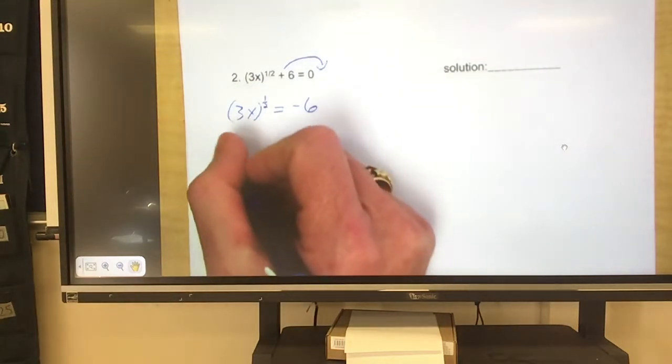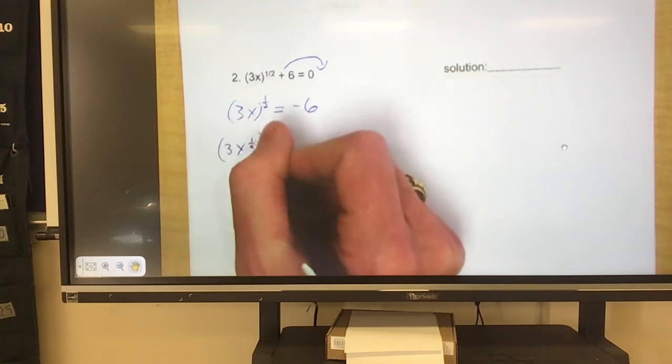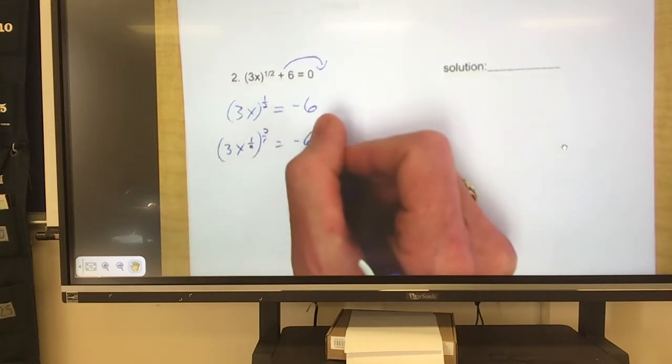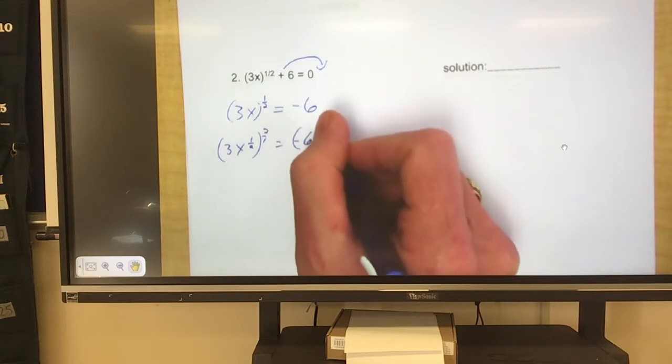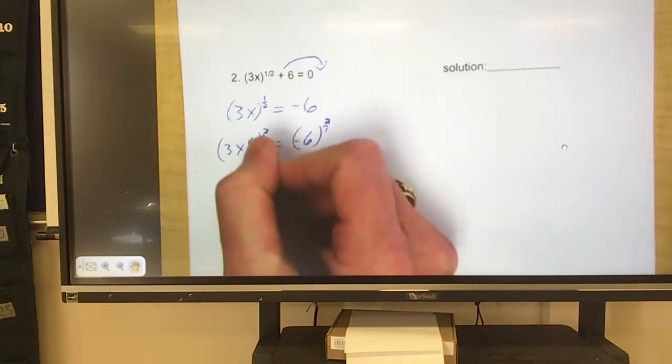Okay, so if it's 3x to the 1/2 power, the reciprocal of that would be 2/1. So I'm going to take that 3x to the 1/2 power, and I'm going to raise it to 2/1. If I do that to that side, I have to do it to the other. Raise it to the 2/1 power, or just 2. These guys cancel off.